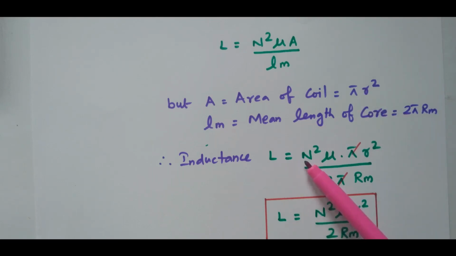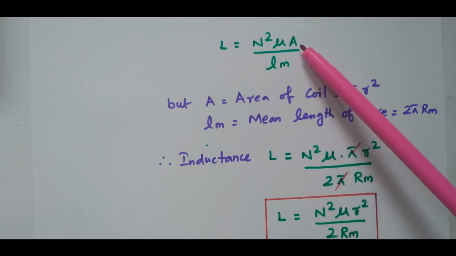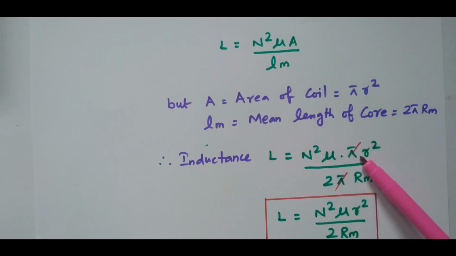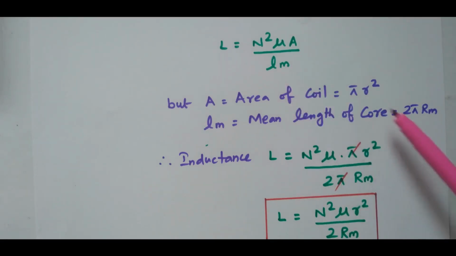So L equal to N square mu. This A is replaced as pi r square, and this Lm is replaced as 2 pi rm. The pi got cancelled. So what we have is N square mu r square divided by 2 rm. Right? We are getting the expression in terms of the radius of the coil and the mean radius of the core, rm.